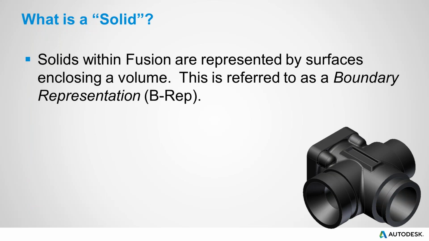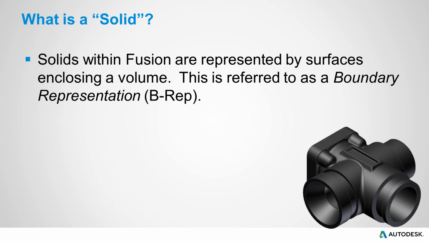If it's solid, those surfaces connect and are watertight, so it defines a volume. Because it's a watertight, enclosed volume, Fusion knows which side is the inside and which is the outside, so it can make that behave as a solid.